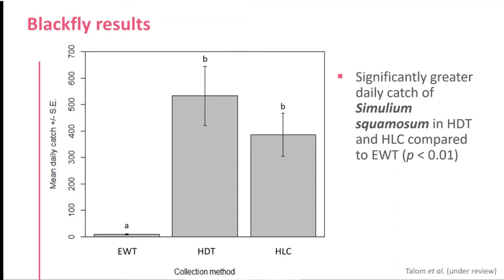Just for an example, the HDT, the decoy trap, was catching about 500-600 blackfly a day, whilst the Esperanza window trap was only catching about 9 or 10. So an order of magnitude and then some in difference. The decoy trap did catch more than the human landing catch, but not a significant difference. So we're really encouraged by those results.